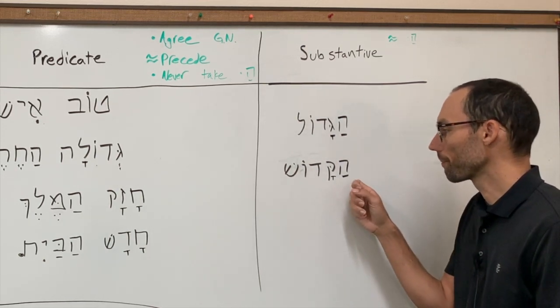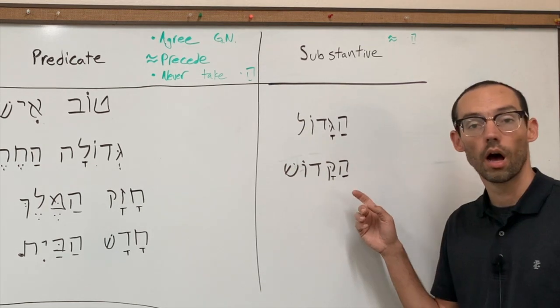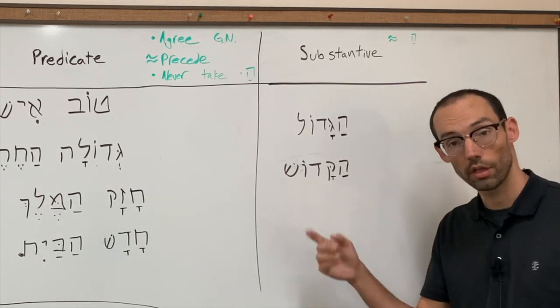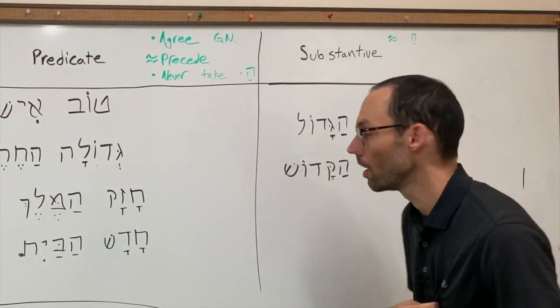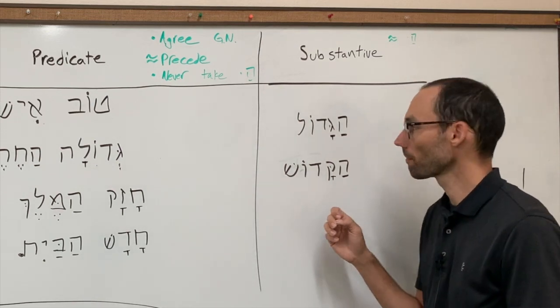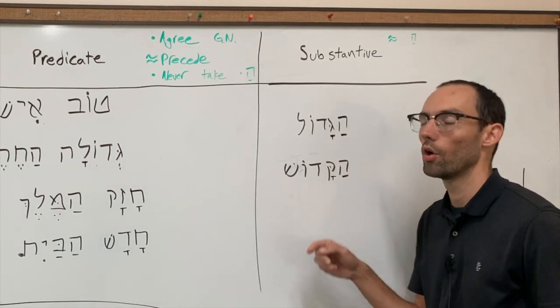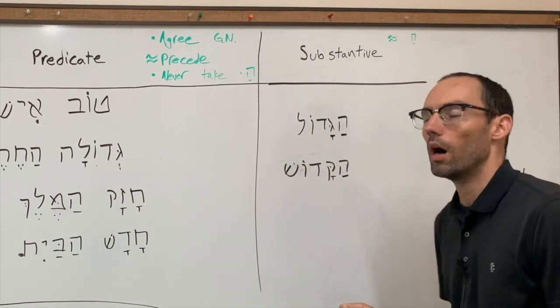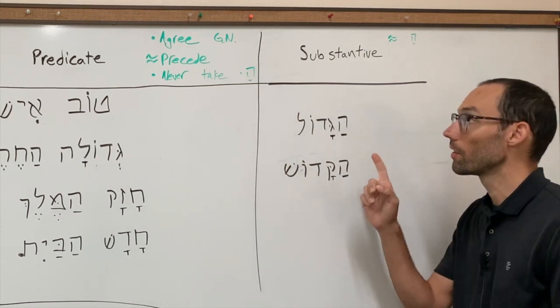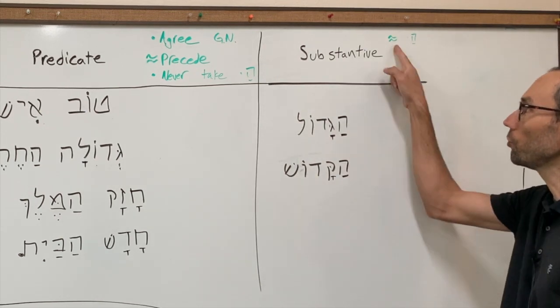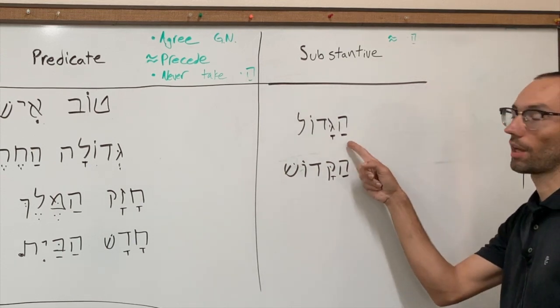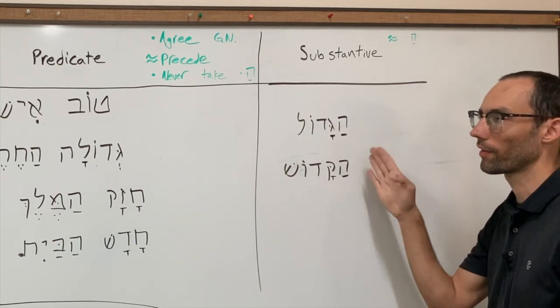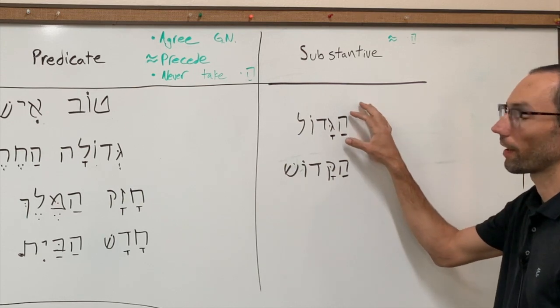And HaKadosh, the holy, or you could say the Holy One. So the Great One and the Holy One, or you could just say the Great and the Holy. And when it's substantive, it will usually have a definite article. So that's a helpful sign.